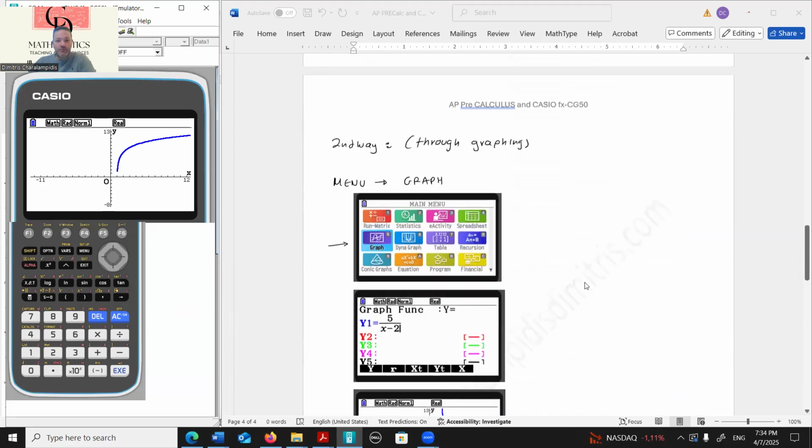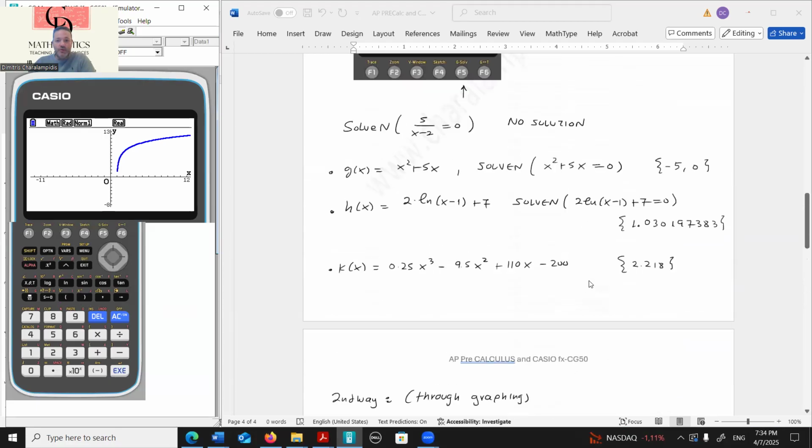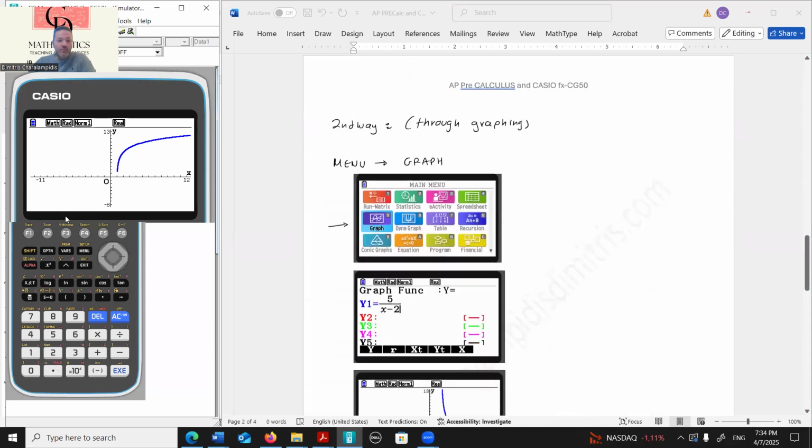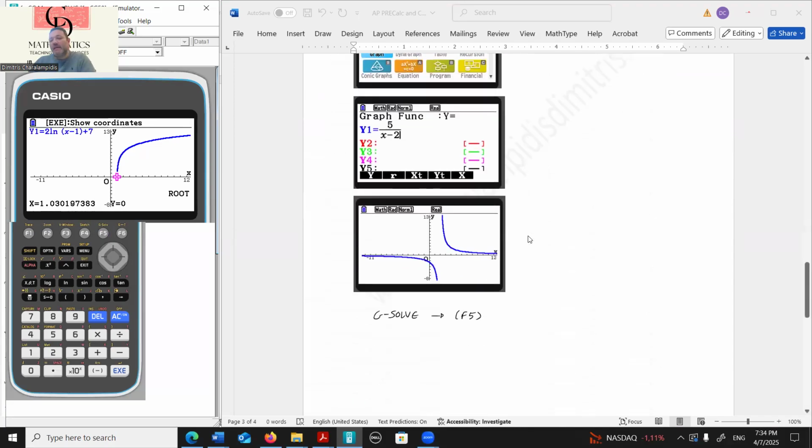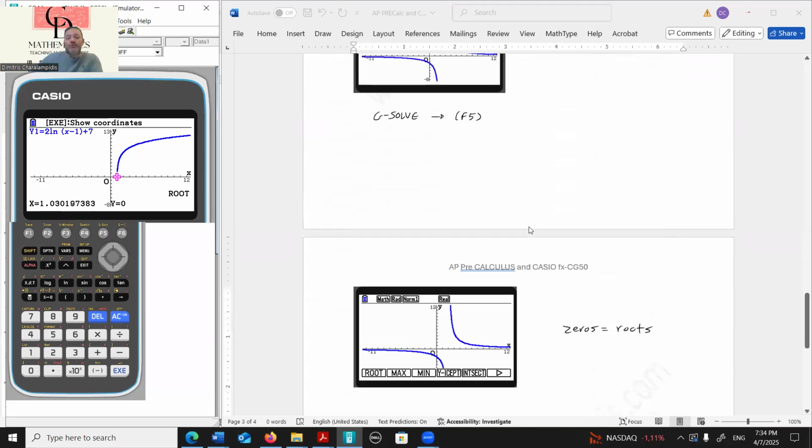Did we find any solutions before? We did. It was 1.03. G-Solve, root. It found it, 1.03. The tricky part here is that we should, let's say, trust it, but remember that it can be tricky sometimes, because by just looking at that, it seems as it was cut. However, it does have roots.